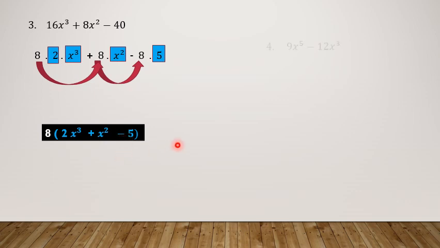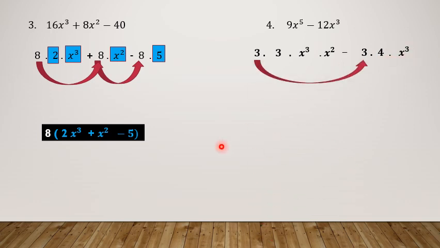Okay. Next, number 4. 9x raised to 5 minus 12x raised to 3. Observe natin si 9 tsaka si 12. So, 3 times 3, this is 4 times 3. At yung least degree is x cubed. Okay, let's see. 3 times 3 times x raised to 3 times x raised to 2 minus 3 times 4 times x raised to 3.